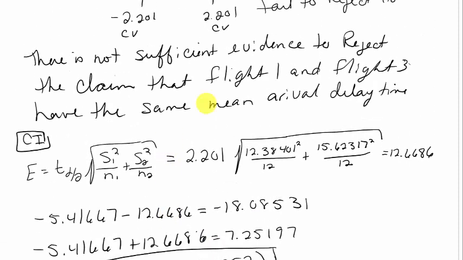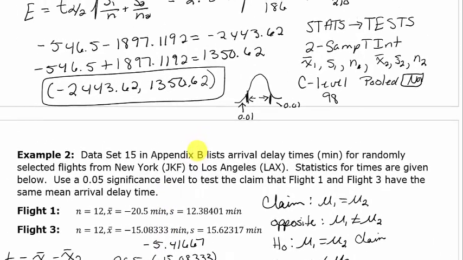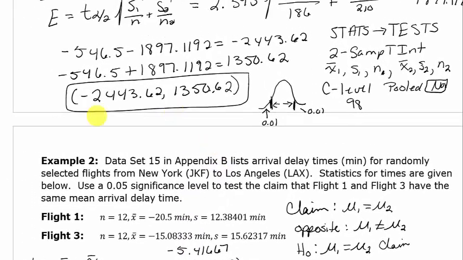Also, the confidence interval that you would get from your calculator for this first example is negative 2,437 up to 1,348. Sorry, 43.8.